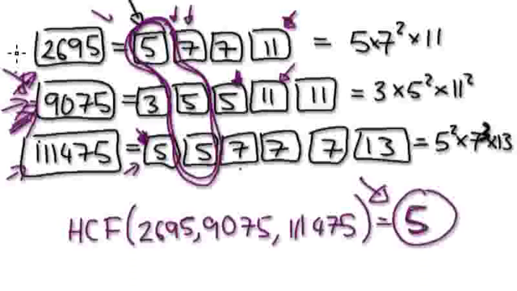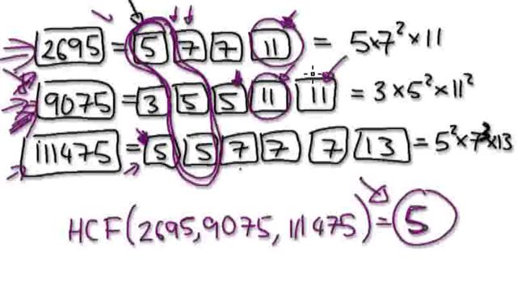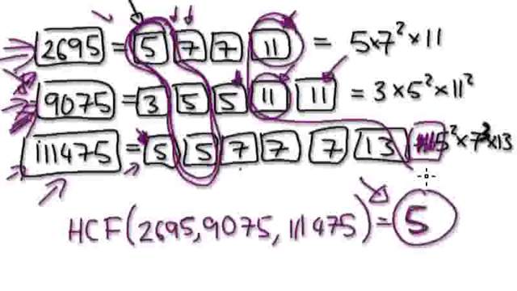But suppose you've got 11 here and 11 here. You don't need this, but let's imagine there's another 11 in this one. Then you would say 11 is also in common.